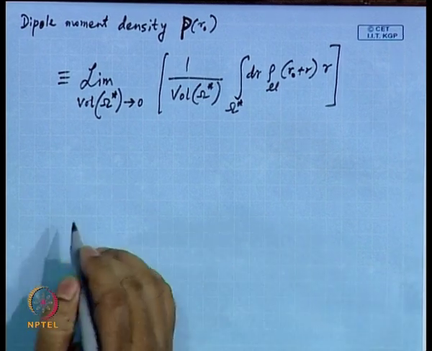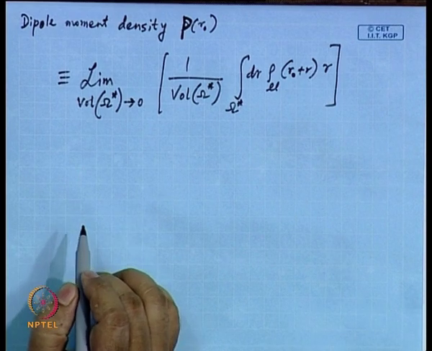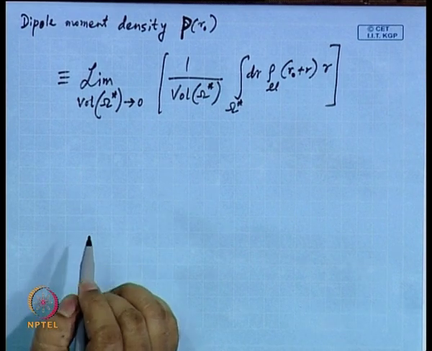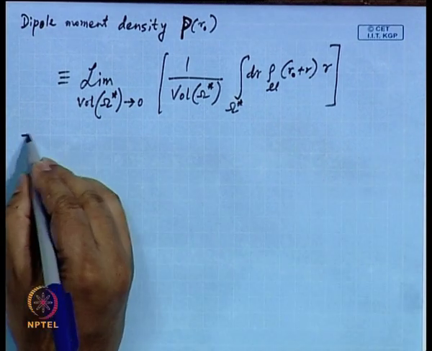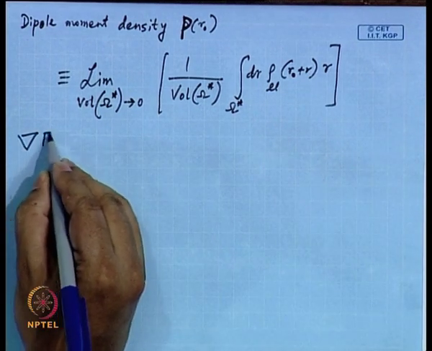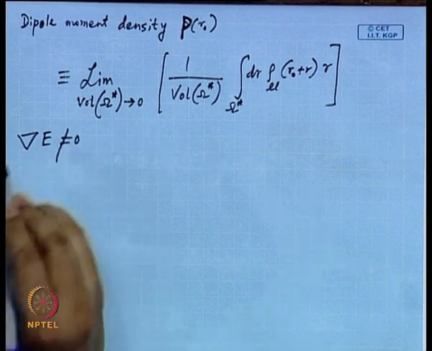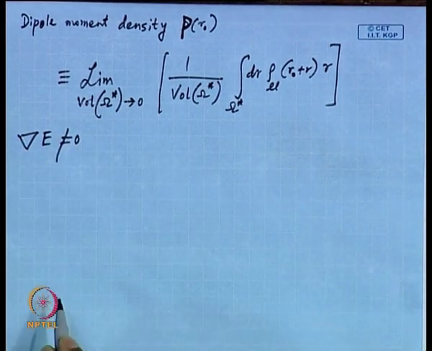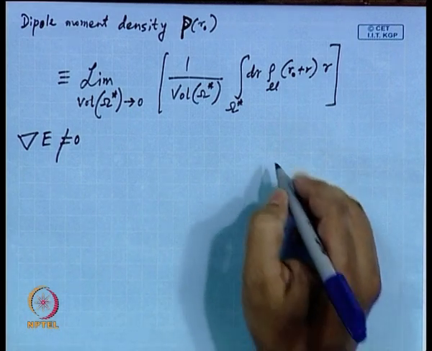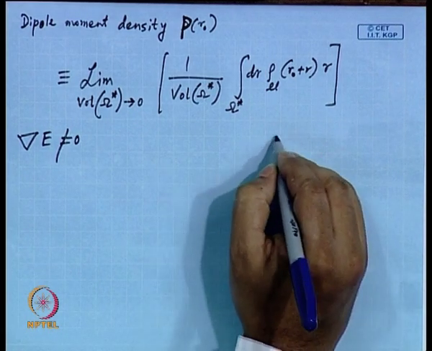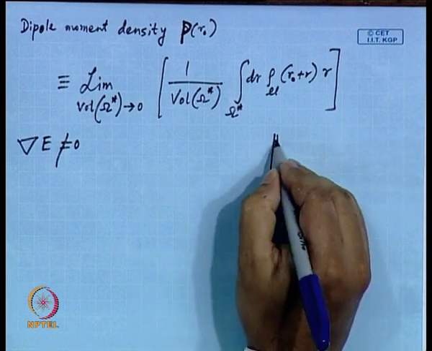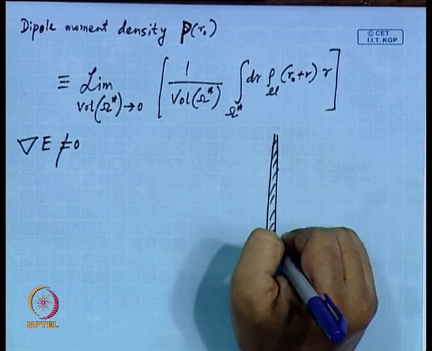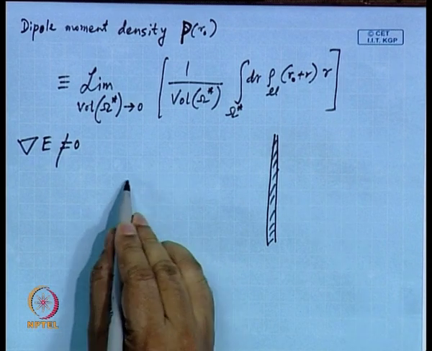Now, I said that we need to establish a non-uniform electric field, such that this del of E is non-zero, the gradient of E is non-zero. So, this type of field you can establish by having a planar electrode on one hand and a point electrode on the other side.